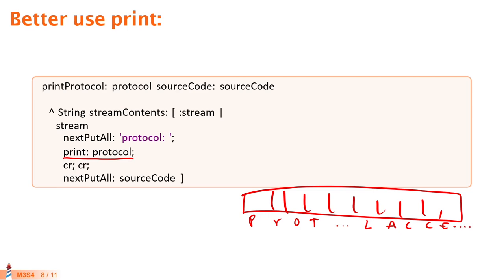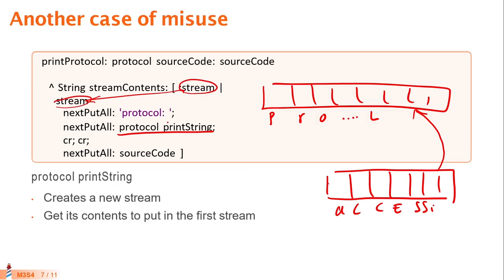So you see, just by paying attention that a method like printString is actually creating a stream, we can avoid creating it. Because we know, oh yes, I should work on this one, not on the one that I create just because I forgot and create one that is not necessary.